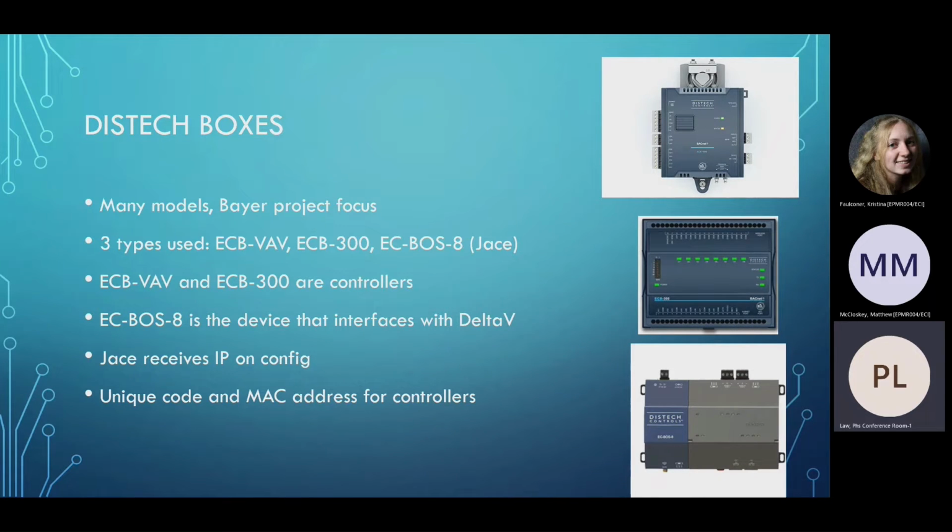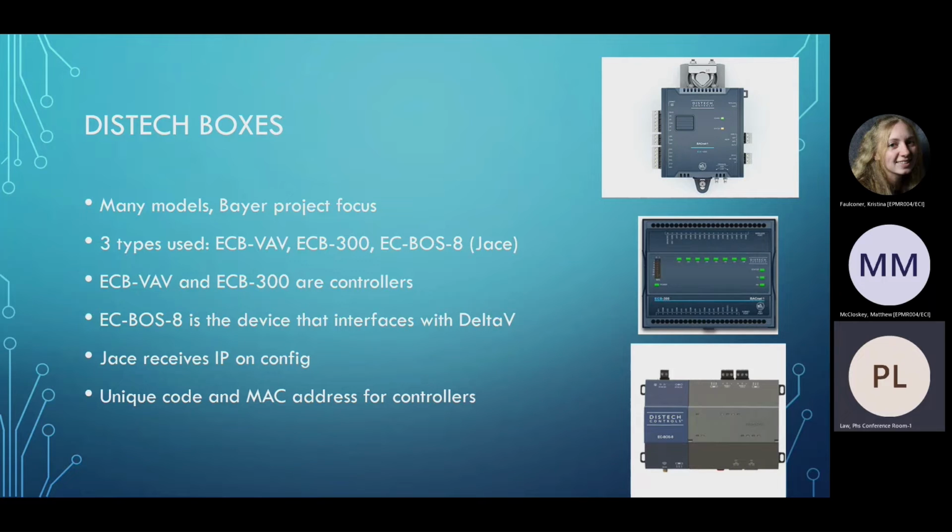So there are many different models that Distech makes, but for this specific meeting, we're going to talk about the Bayer models. And we're using three types of Distech boxes for this project. There's the ECB VAVs up top, ECB 300s in the middle, and EC Boss 8s, sometimes referred to as JACEs, at the bottom. The VAVs and the 300s are the controllers.